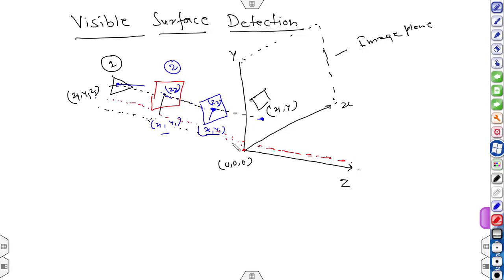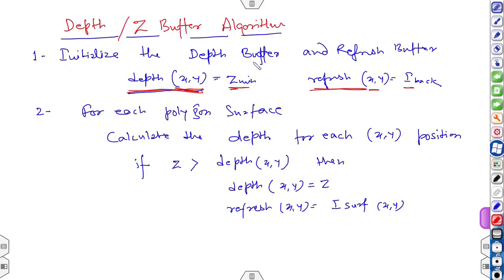So the smallest z value shows that the object is very far from the image plane. That's why first of all we initialize the depth buffer with the z minimum value, and the refresh buffer is initialized with the background color of the image plane.